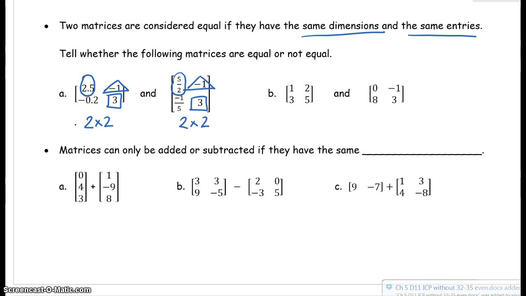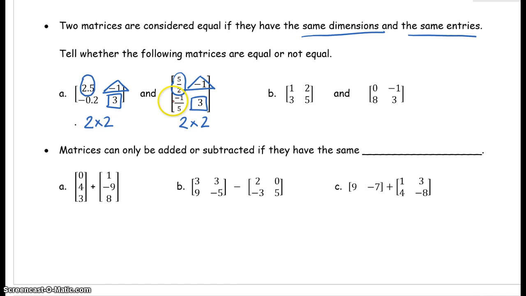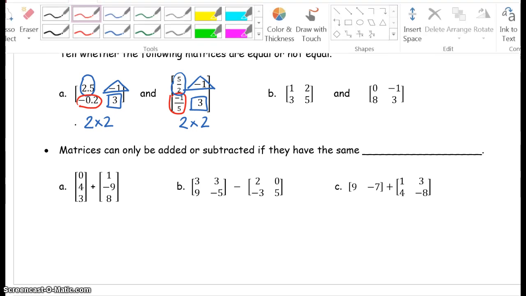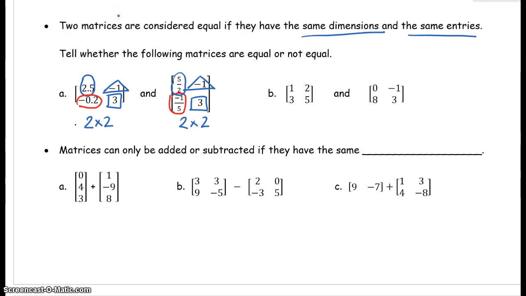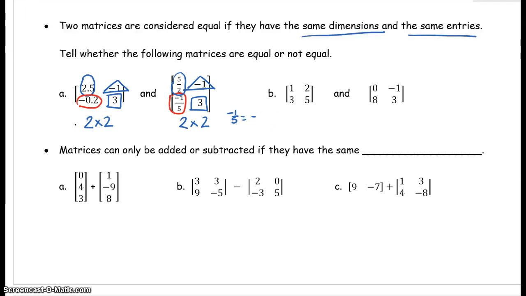Now I also want to know, is -1/5 the same as -0.2? If you use your calculator, you're going to see that they are the same number. The -1/5 does equal -0.0. Oh, sorry, let me erase that. See, everyone makes mistakes. -0.2. Alright, so therefore we can say that these are equal matrices.